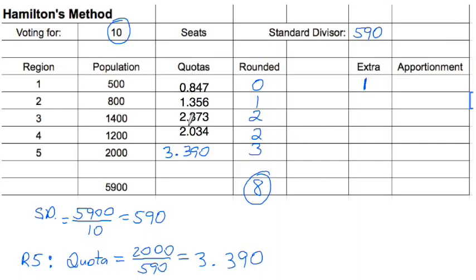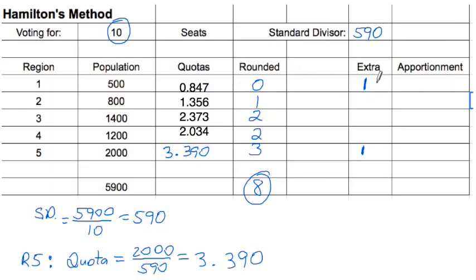And then out of the rest, you would look for the highest decimal value. Well, we already took care of the zero. So the next highest decimal value would be the 0.390 down here. So he would get an extra representation.